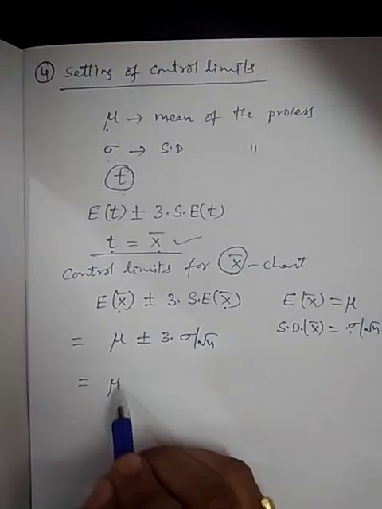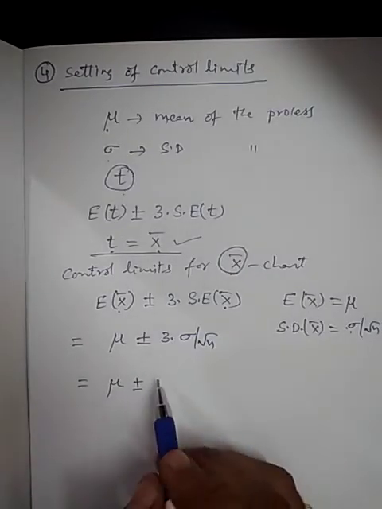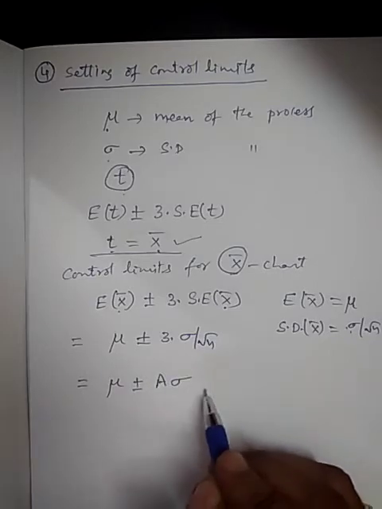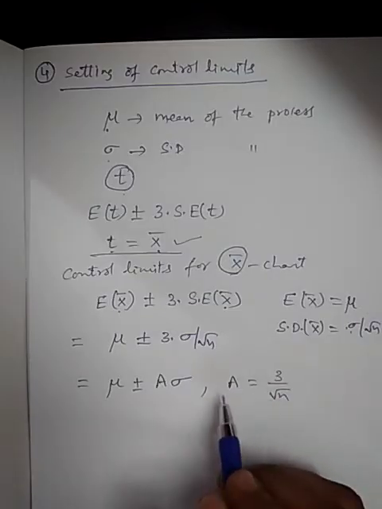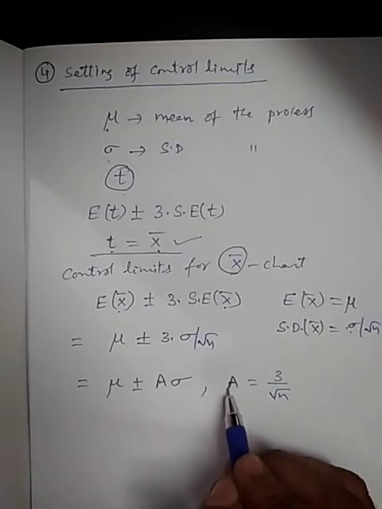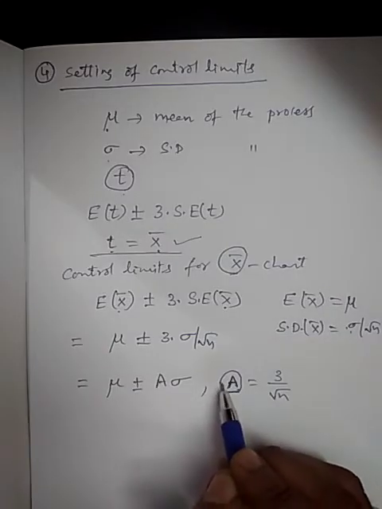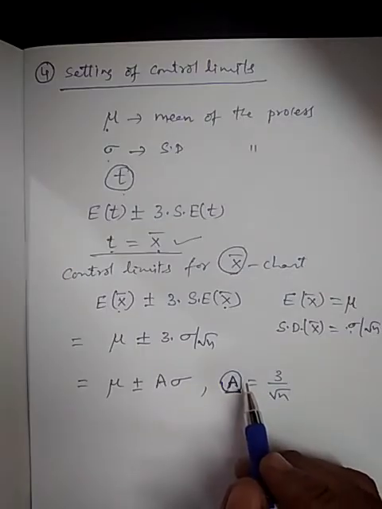Therefore, in statistical quality control, this can be converted to mu plus or minus A sigma, where A is equal to 3 by root n, a constant that is computed and tabulated.